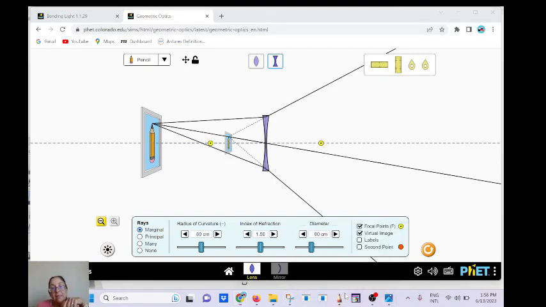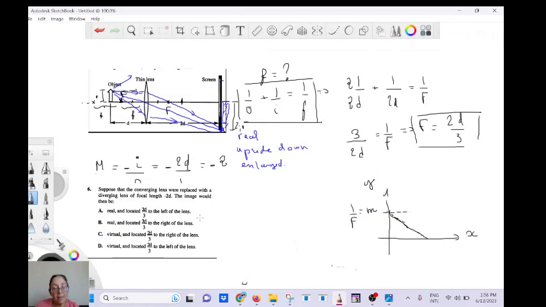So what are they asking? So focal length now equals minus 2d. The object distance is d, and they want you to find the image distance. So it's easy, right?